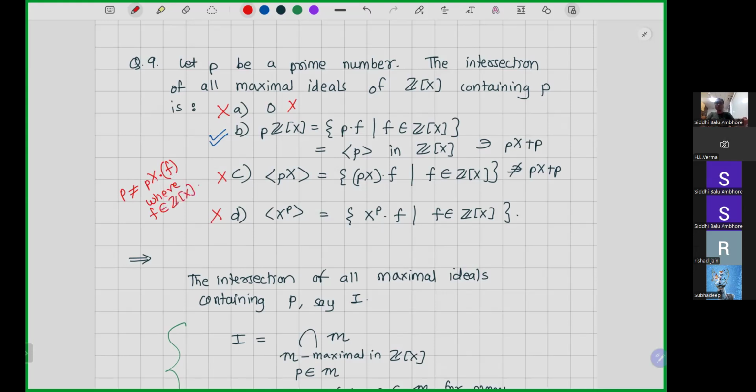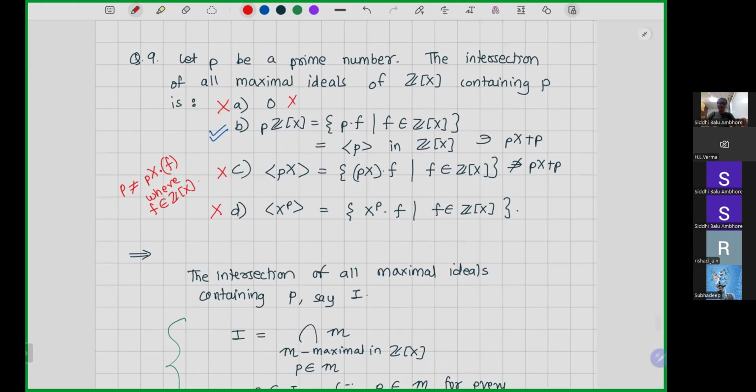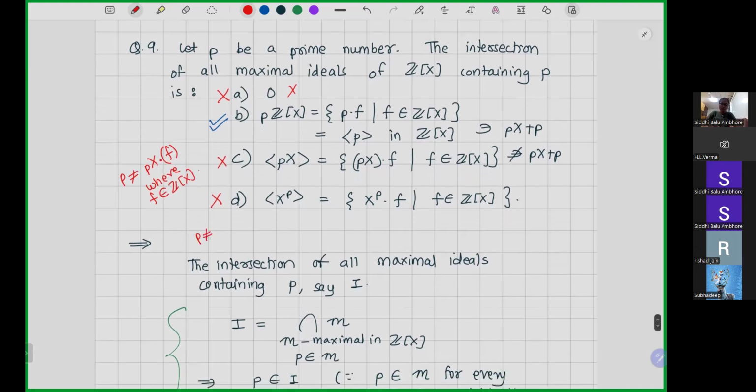Therefore, this ideal is not possible. Similarly, P cannot be equal to x^P times F where F is in Z[x]. So these three ideals are not possible.